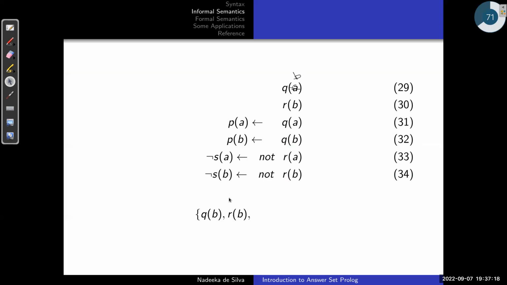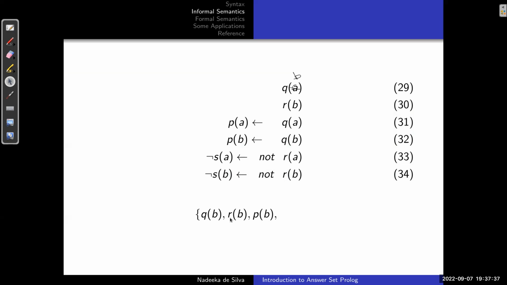So I have to include those two facts in my answer set. Now, because I have QB in my answer set, I have to include PB in my answer set. But QA is not in my answer set, so I'm not going to include PA.